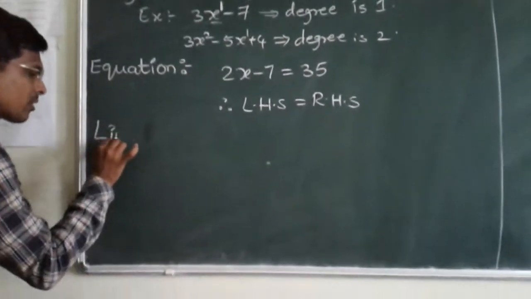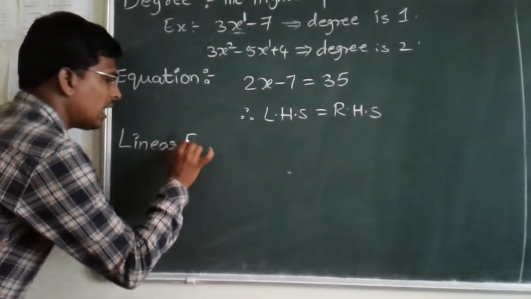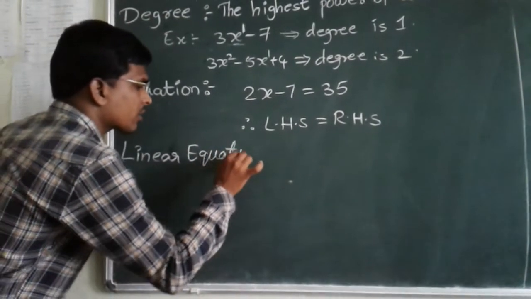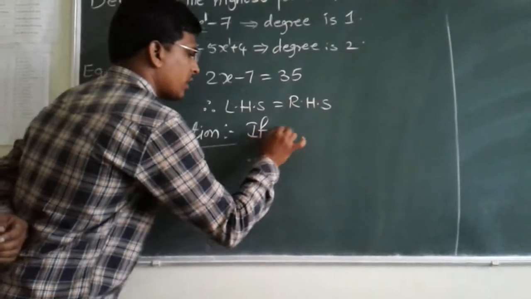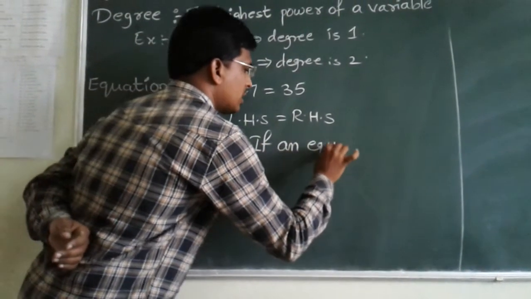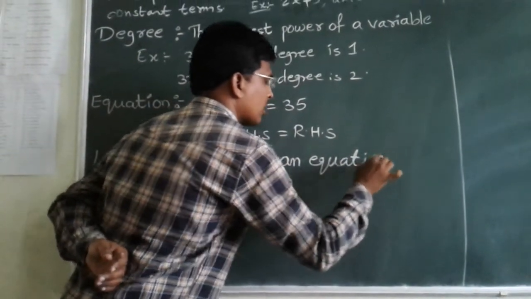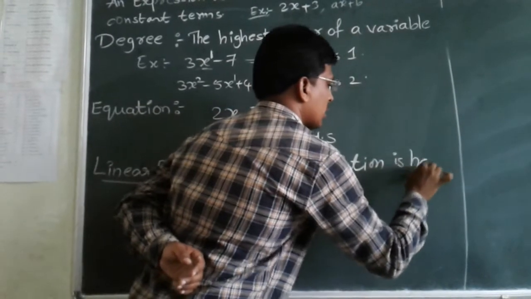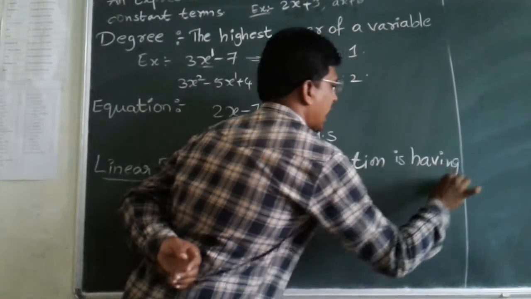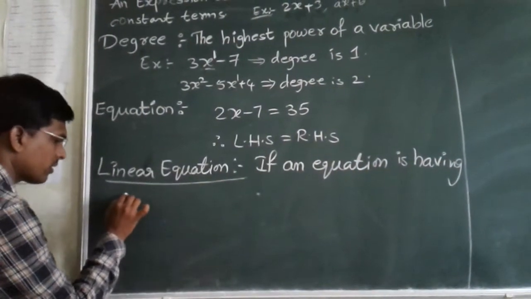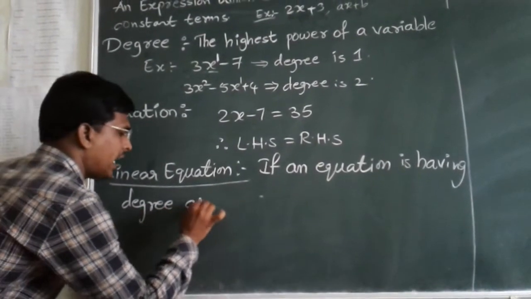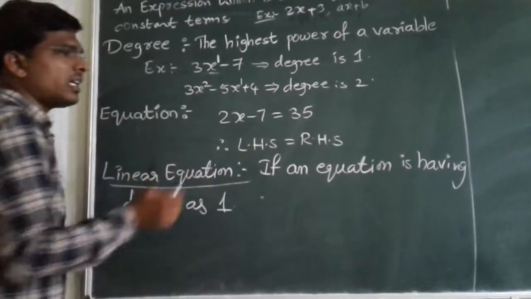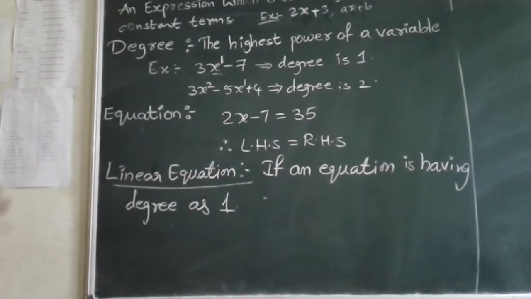Now, what is our topic? Linear equation. What is meant by linear equation? If an equation has degree 1, then we can say the given equation is a linear equation.